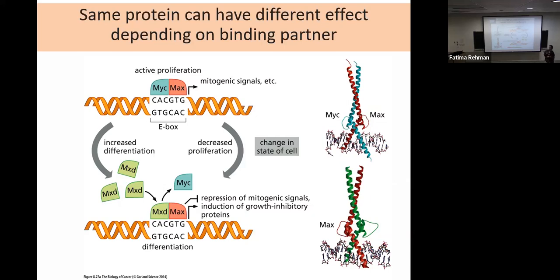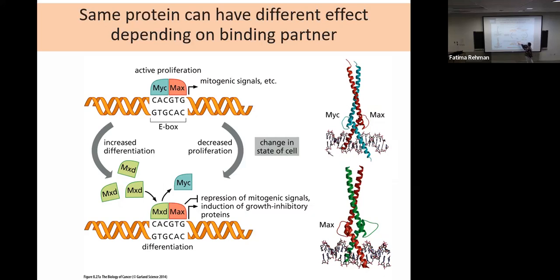So it depends on the environment that your MAX protein is sitting in, right? If it's sitting in a cell that is actively proliferating, you would expect to find MYC bound to it. That's the protein that's going to be more around there. And if you put that same MAX protein in an environment where the cell is actively differentiating, maybe in a muscle or a nerve cell, it's going to be found bound to MXD instead.